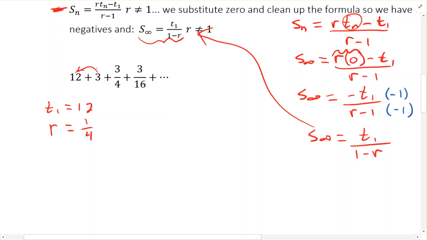Or you can think about it as 12 divided by 4 to get to 3. However you want to think about it, you get that R value of 1 over 4. Okay, so now we just need to plug it in. Our formula is S infinity equals T1, which was 12, over 1 minus a quarter. And you should get 16.